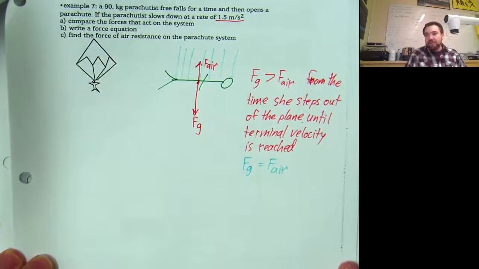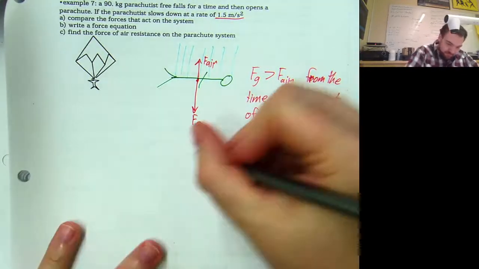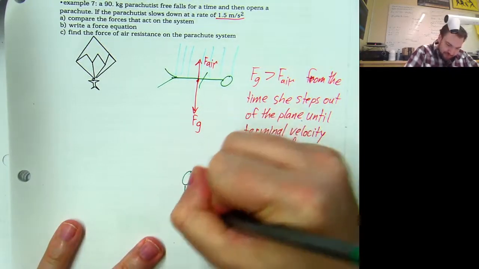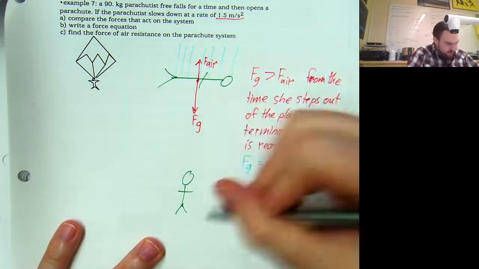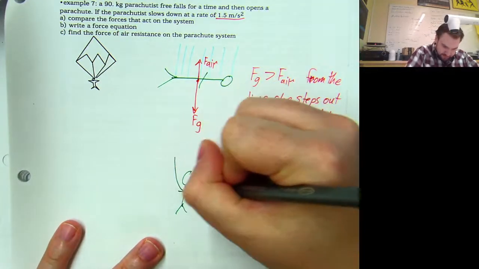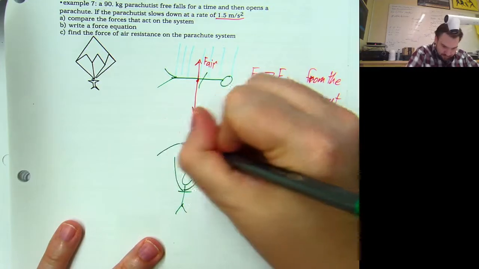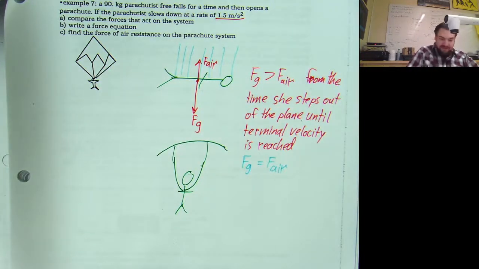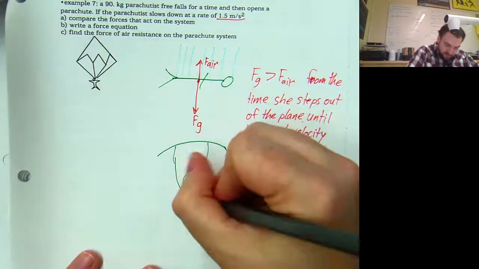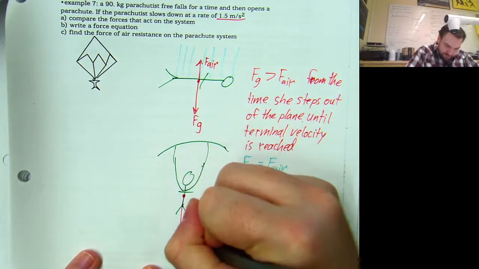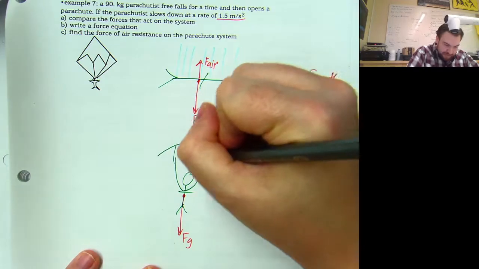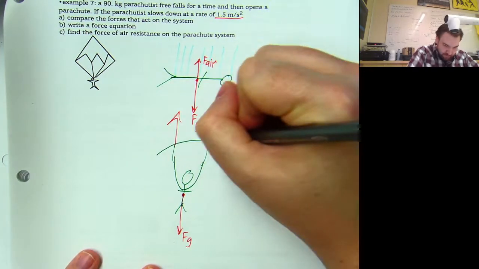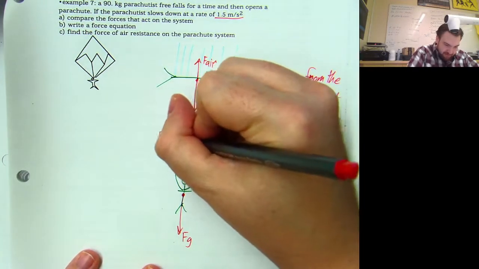Then a person opens the parachute. She pulls the cord, parachute opens. She got shorter somehow. And at this point, you've got Fg acting downwards, but you've got a really big F air acting upwards.